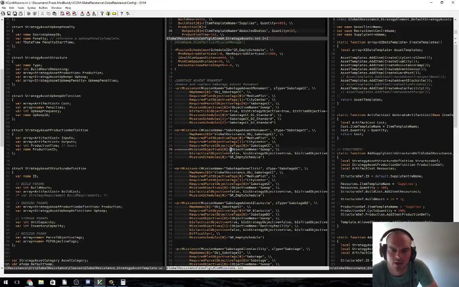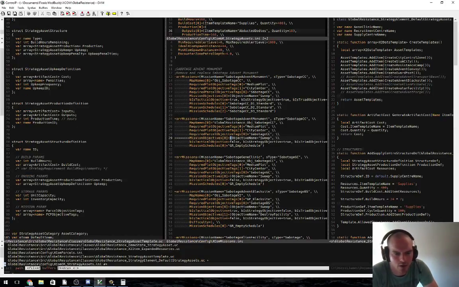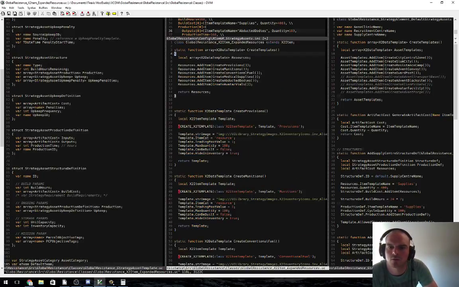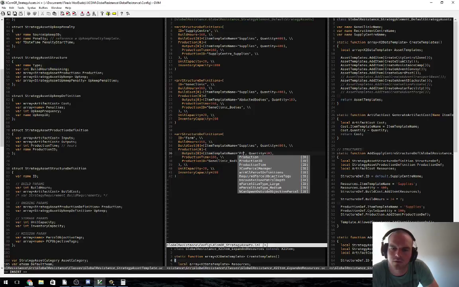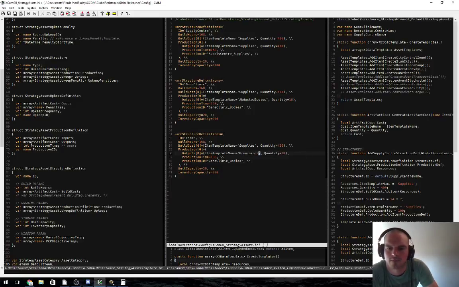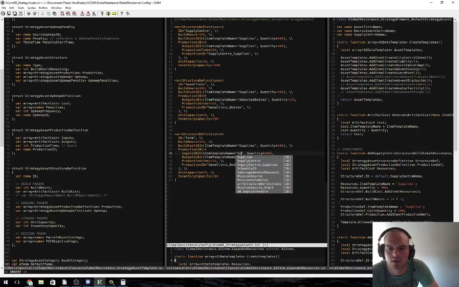We'll do it like that, and then we will also have in our expanded resources we've got provisions. And let's give this one an input. Input's 0. Let's say, yeah, so it needs supplies to work away. Quantity of 1.